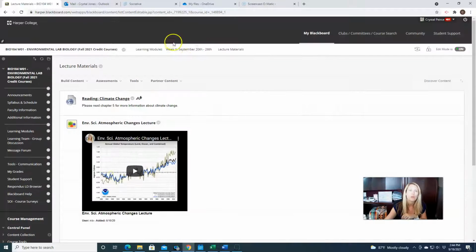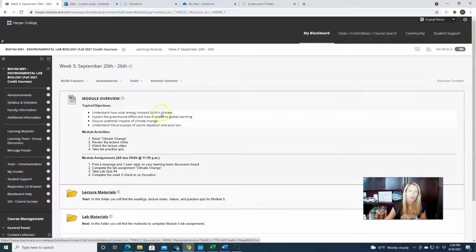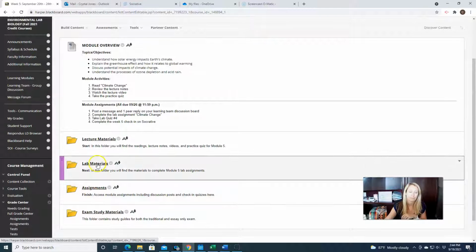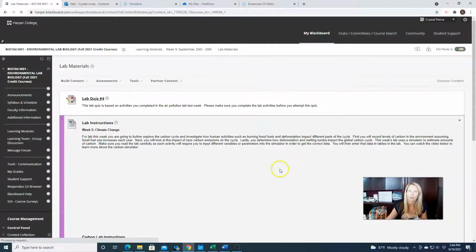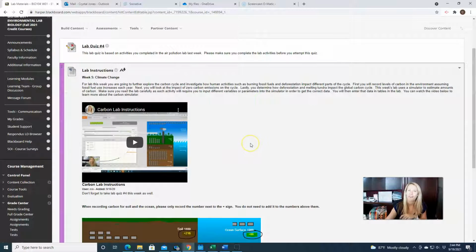For lab this week, we are going to be bringing back a topic that we talked about way back in week 2 when we were talking about ecology. We talked about biogeochemical cycles, if y'all remember those, and one of them was the carbon cycle. And we were discussing how carbon moves through an ecosystem.